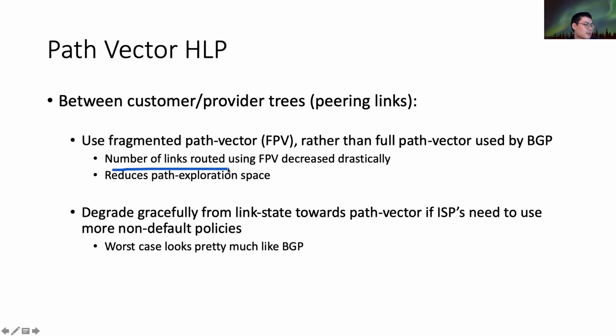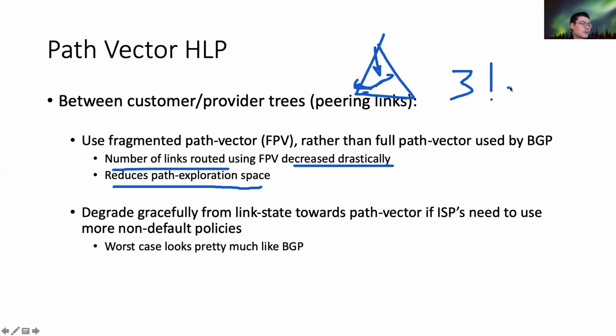The number of links is significantly decreased. This also reduces the path exploration space, because within the triangle, for example, you use it for policy, and of course you will take the short path to reach. So you don't need to permute anything. Maybe there are 3 hops, and if you do the permutations, there are 6 possibilities. You don't need to handle this, or go through the complicated permutation.